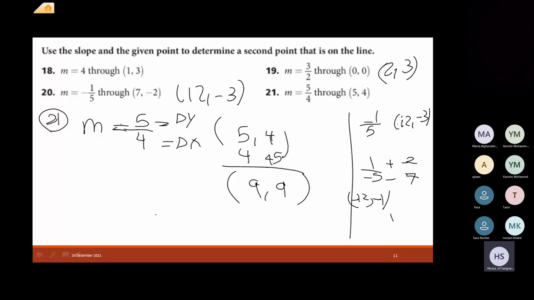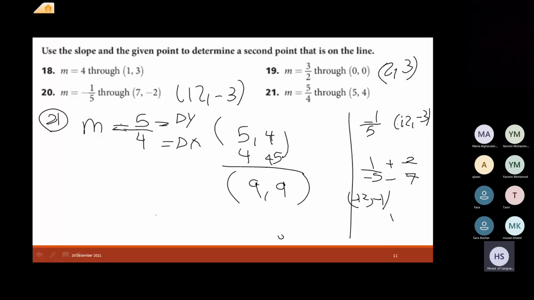Wait, teacher, I have a question. This is another point, so I can find 2 points. You say 12, negative 1. It's different. Here I said negative 12, negative 1. So both of them, if you find the slope between them, you must get negative 1 over 5. Now this one will be equal to 4, right? Because you added 5 and negative 1.